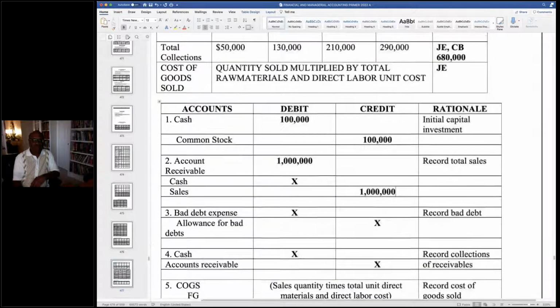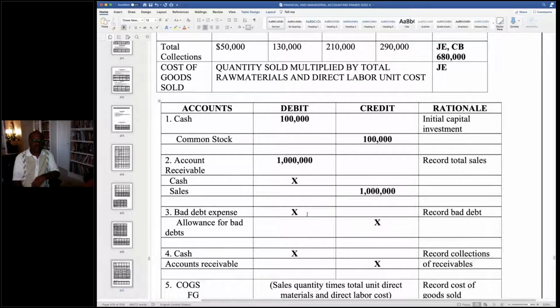Bad debts were what? 200,000. So we debited bad debt expense for 200. Credit allowance for bad debts for 200. How much cash did we collect on those sales?